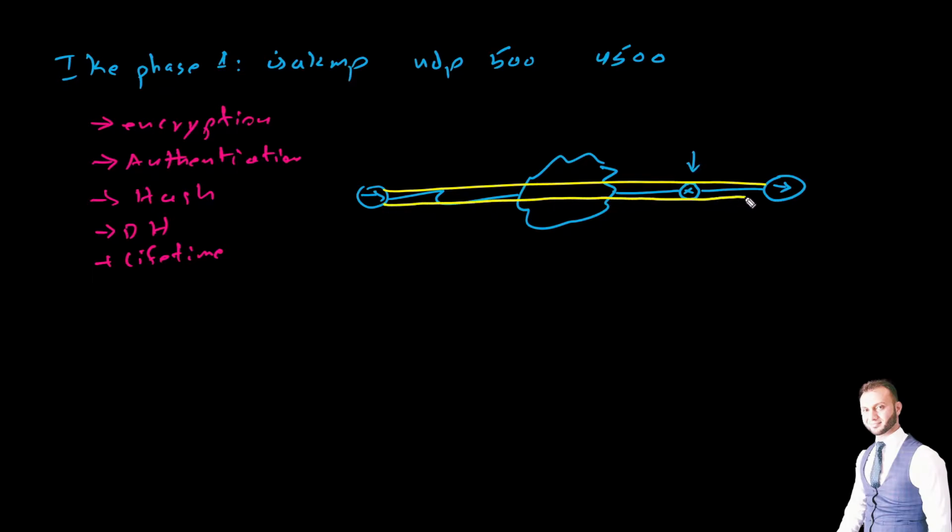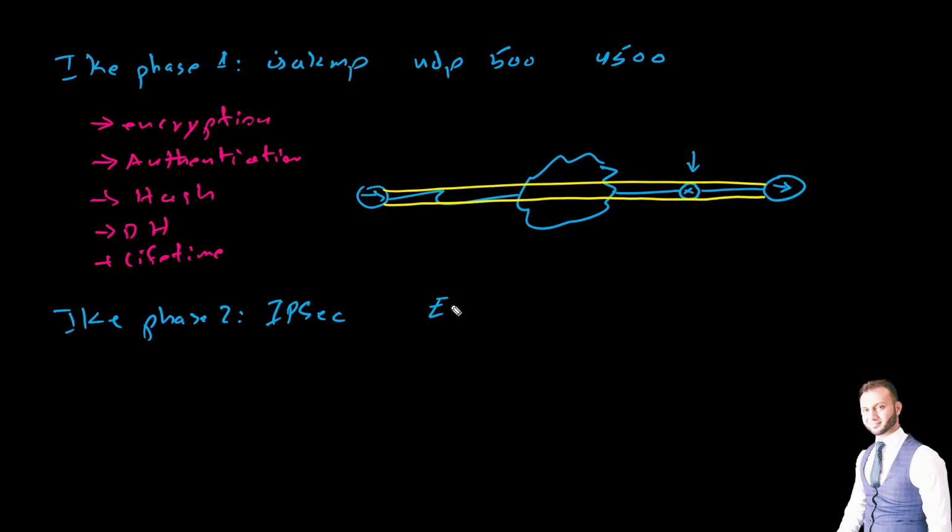Once the IKE phase 1 bridge is established, then IKE phase 2, which is the IPsec Internet Key Exchange phase 2, which uses IPsec, and there are two protocols that IPsec uses.